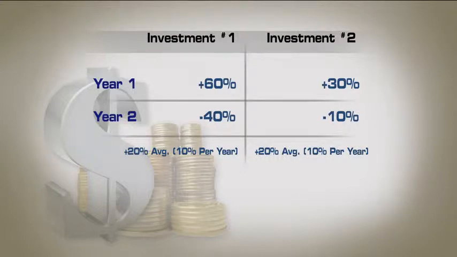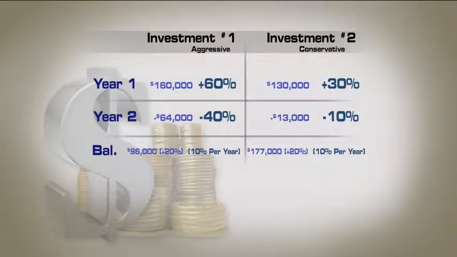Year two, though, the bottom falls out. Minus 40%. Even the conservative side lost money, minus 10%. So that's 20% growth over a 2-year period, an average of 10 for both accounts, but the results are totally different. How could that be possible?